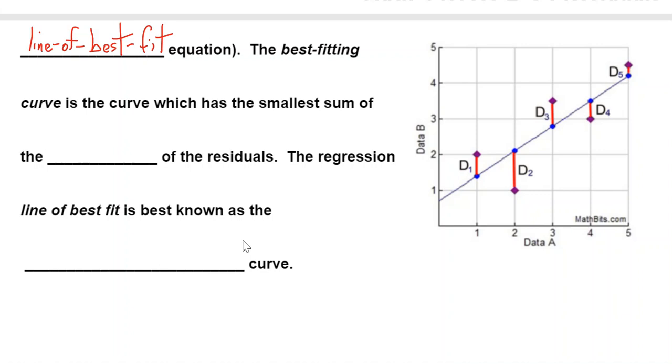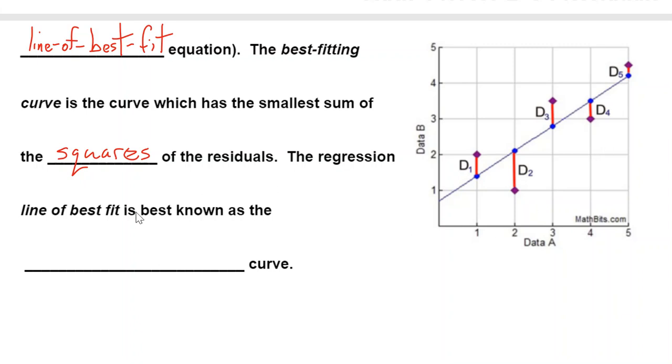The best fitted curve is one which has the smallest sum of the squares of the residuals. That's where the squared part comes in. I'm going to take all of those little distances, square them and add them together, and that's the R value.